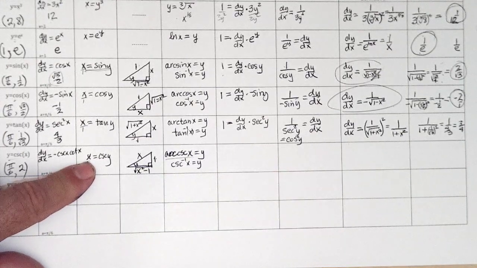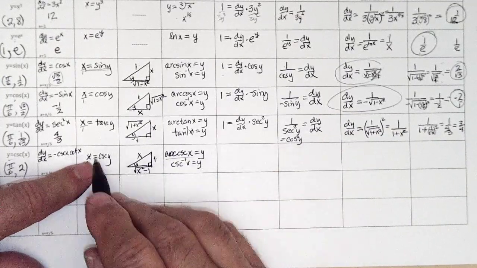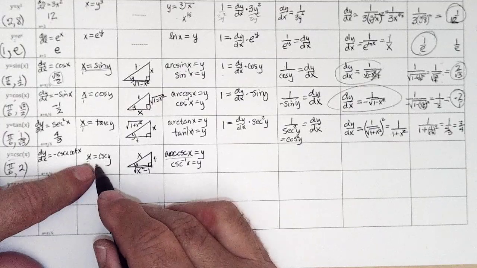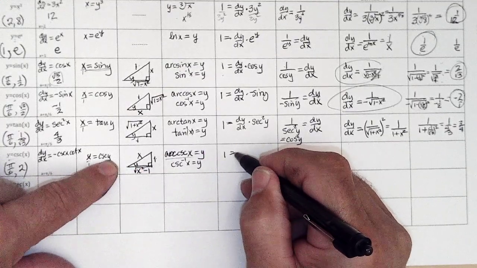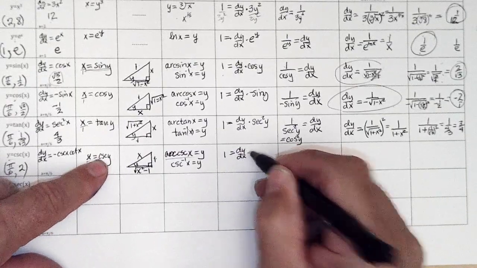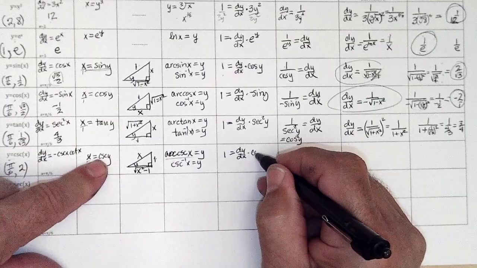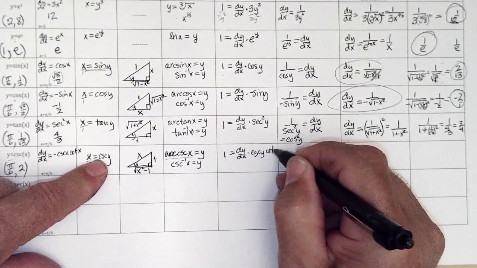What is the derivative of that? So taking the derivative of this will help us get there. Derivative of x is 1. Derivative of the inside is dy/dx times the derivative of cosecant, which is cosecant y cotangent y.